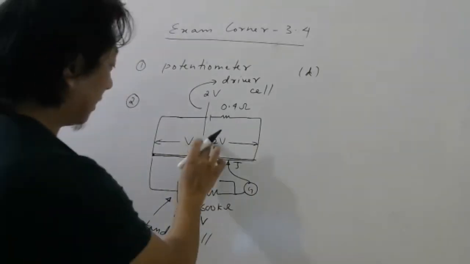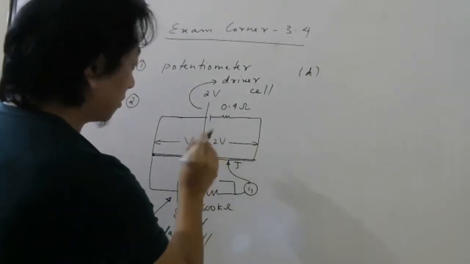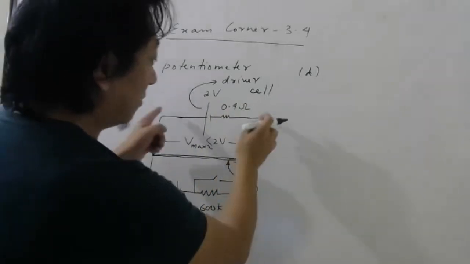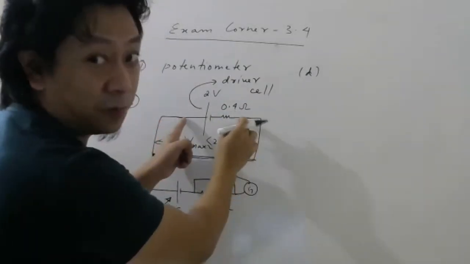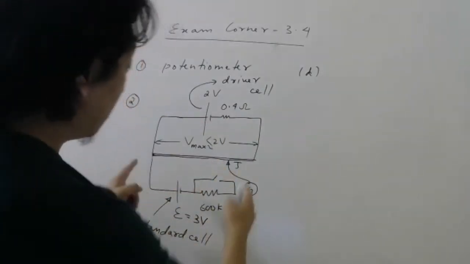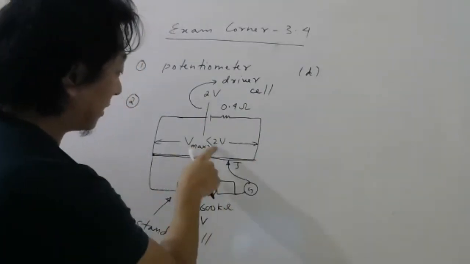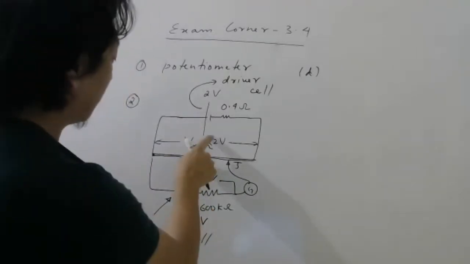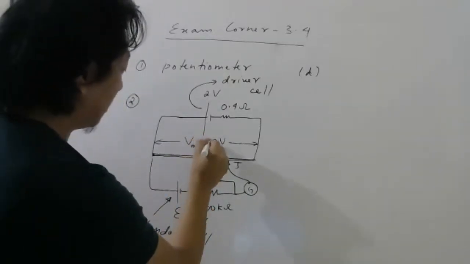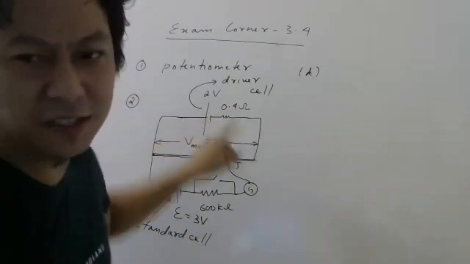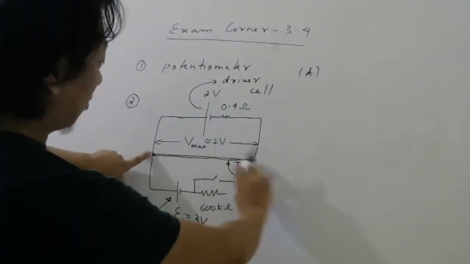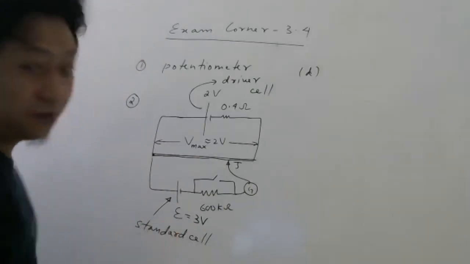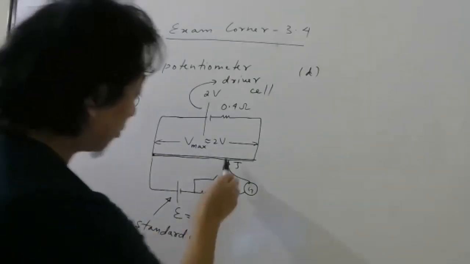Because of the internal resistance, there will be some drop here also. So whatever voltage you get here will be terminal voltage, yes or no? So it will be slightly less than 2 volt, but the maximum is 2 volt. Let us assume this internal resistance is very small. Now here the maximum voltage is 2 volt. Now you want to measure 3 volt. But where will you keep the jockey?